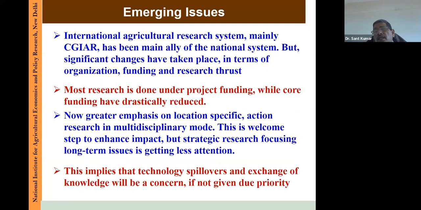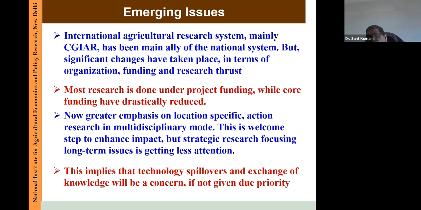So the international agriculture research systems, mainly the Consultative Group on International Agricultural Research, like the International Food Policy Research Institute, International Wheat Research, International Water Institute, International Livestock. Such a CGIAR system has been the main ally of the national system, and significant changes have taken place, particularly in the organization, funding, and research trust.